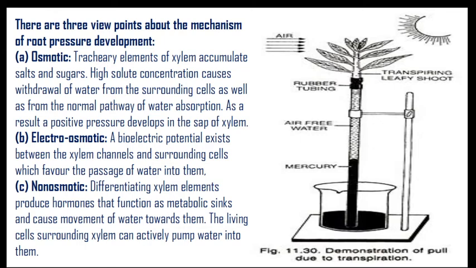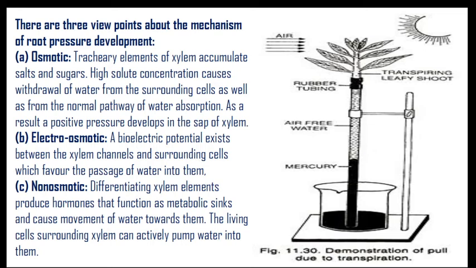Transpiration is again a metabolic activity which can be done in the presence of sunlight and air. Here is a beaker filled with mercury, and the mercury is pulled up in a test tube. Above that there is air-free water, and there is a transpiring leafy shoot in the presence of light and air.